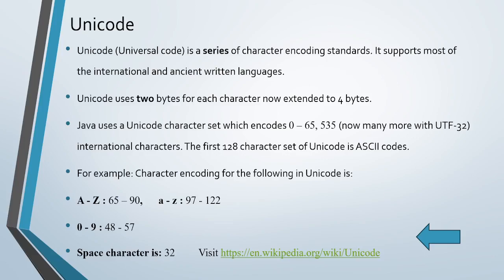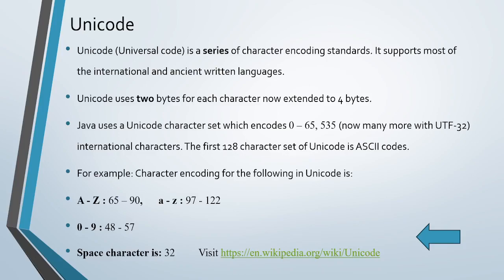Java uses Unicode character set, which encodes 0 to 65,535 different characters. But now it is using UTF-32, that is 32 bits, that means 4 bytes. But the first 128 characters of Unicode are ASCII codes, that is American Standard Code for Information Interchange.